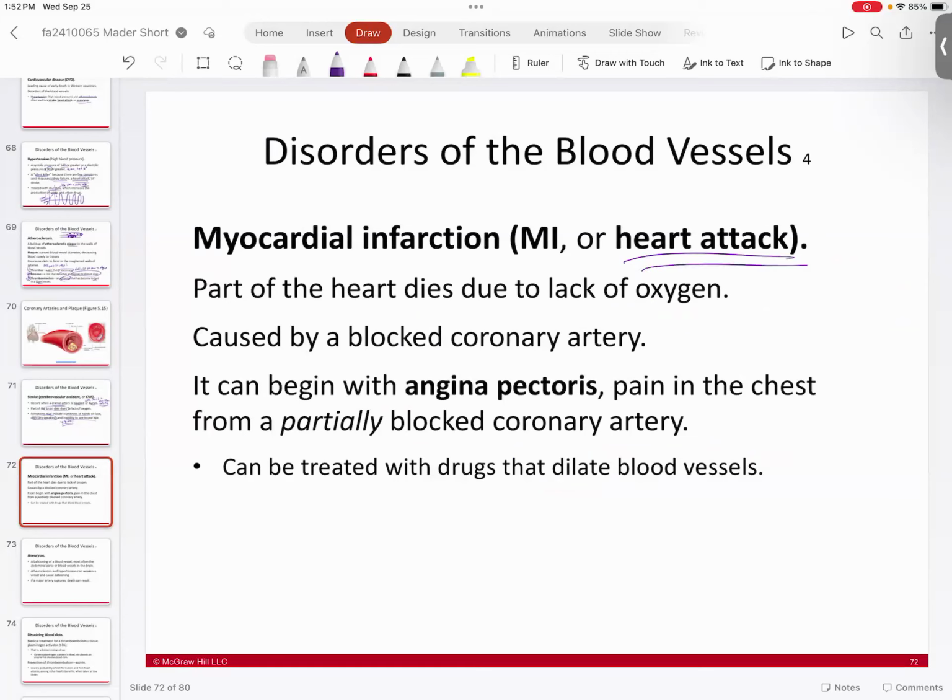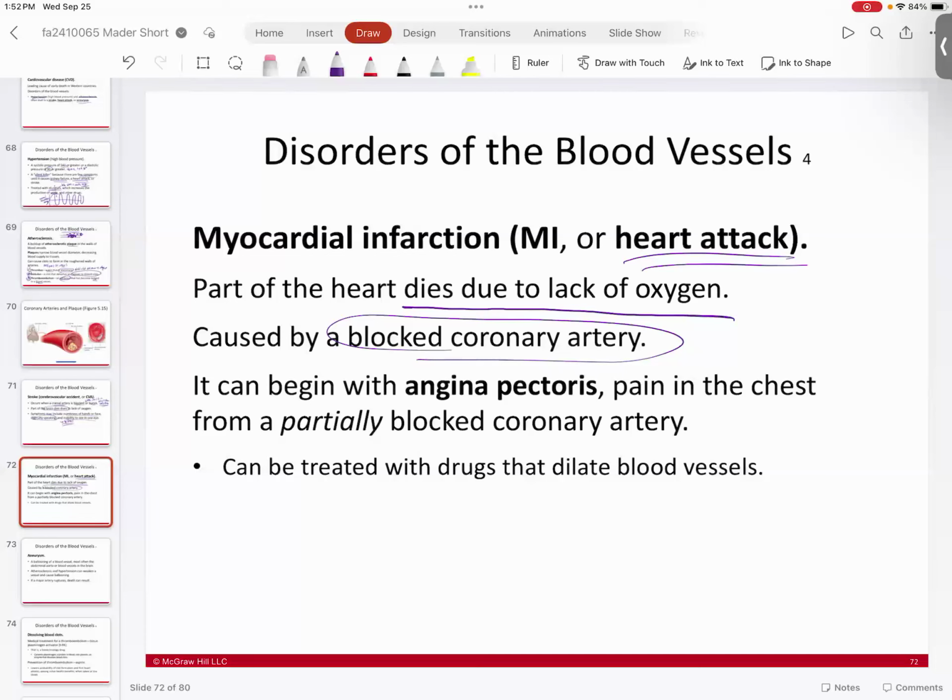So heart attack. We had heart attack on our list. This is myocardial infarction, a similar sort of trajectory. This is essentially when your myocardium dies because of a lack of oxygen. For instance, if you've got a blocked coronary artery, we took a look at those before, those are the vessels supplying the heart with blood.